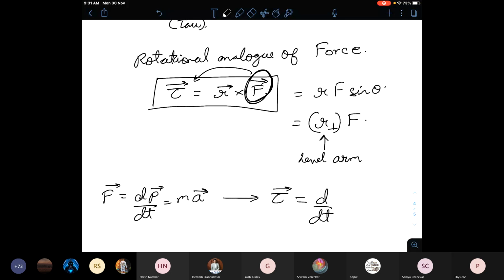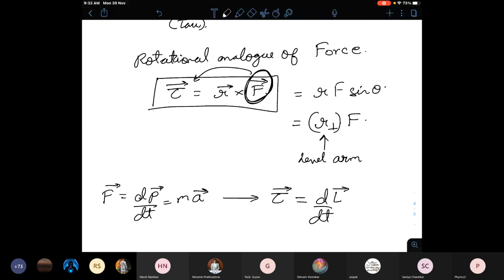But your linear momentum is converted to angular momentum. So the rate of change of angular momentum gives you torque. So dL by dt is torque.